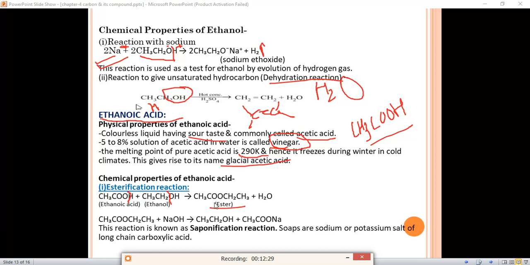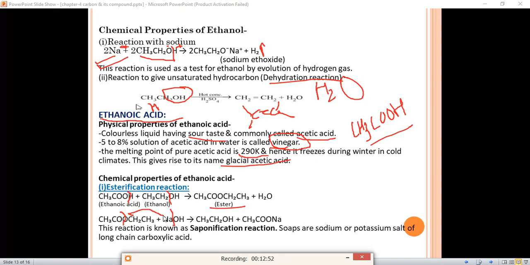Again, this ester can react with sodium hydroxide, NaOH base. The bond will break and we'll get CH3CH2OH, and on this side CH3COONa, as the sodium combines with this oxygen.